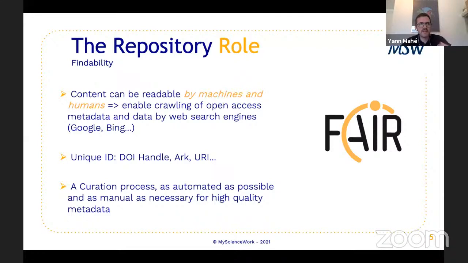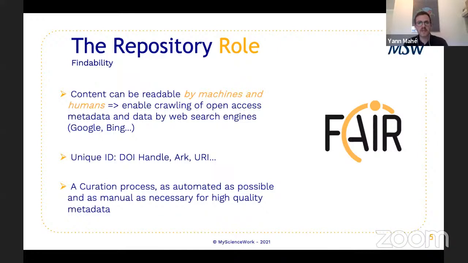So then the findability of research output will be enhanced within these repositories thanks first to the search engine that most of the time, and I hope that this is something that you will find within the repositories. So you are a user, you can use a search engine and find information. If it's well structured, it will make your life easier as a researcher.